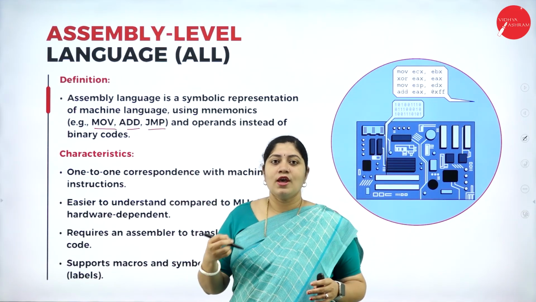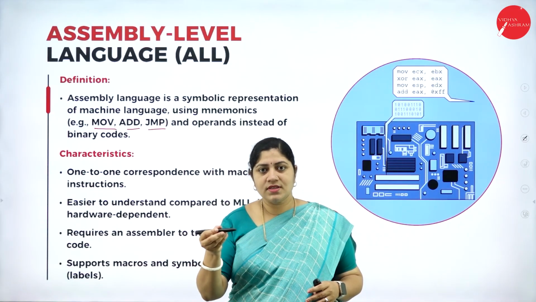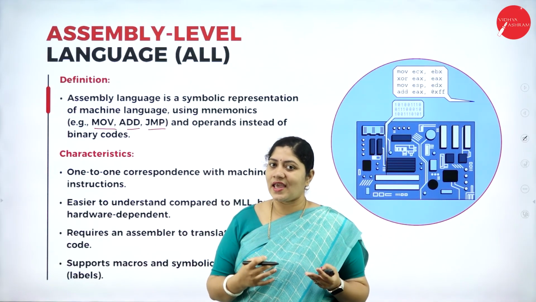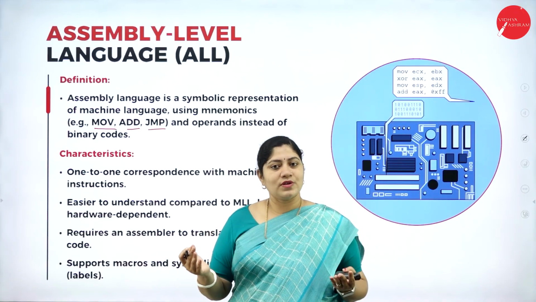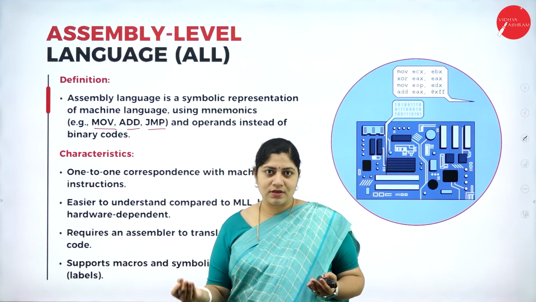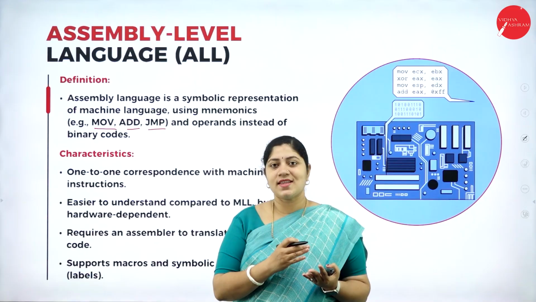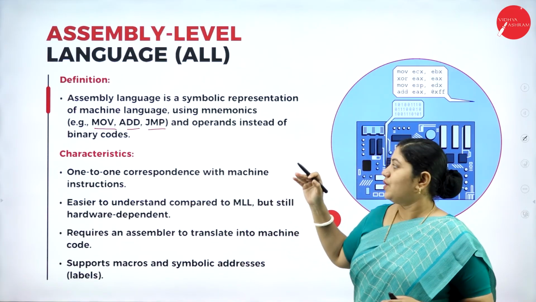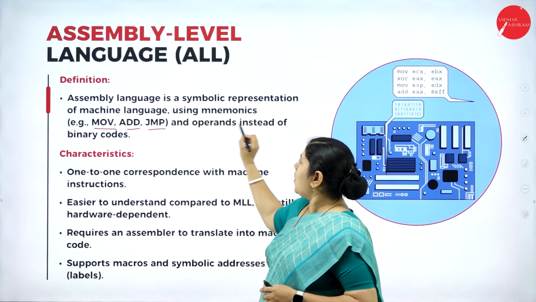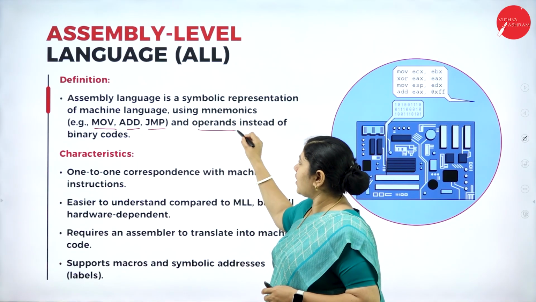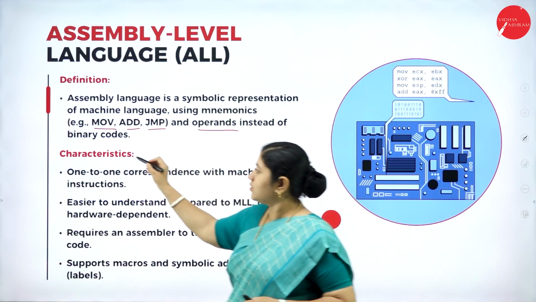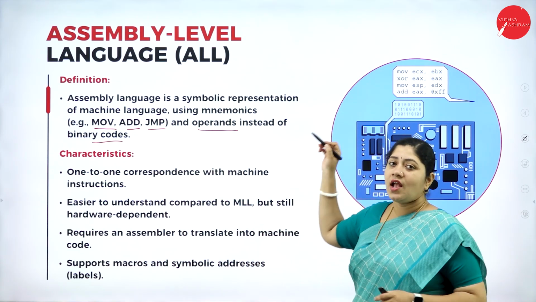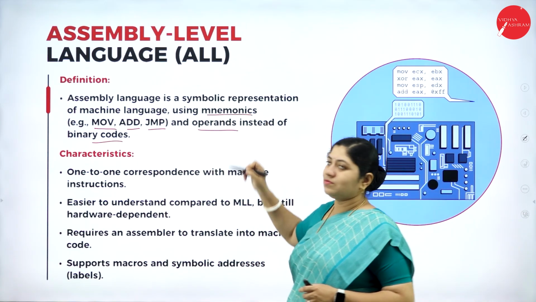So if we go on minimizing the letters used for input, then obviously my memory space can be utilized for some other work, isn't it? This is the advantage of assembly level language. Okay. Also, we can use operands instead of the binary codes. Yeah. So instead of binary codes, we'll be using mnemonics under assembly level language.